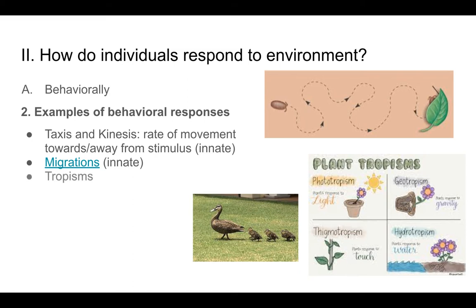Tropisms are behaviors that plants express. And so you have a picture in your notes over here of 4 different kinds of plant tropisms. So phototropism is a plant's behavioral response to light. Plants will grow towards a light source. If you have any indoor plants in your home, go look at them. The leaves are probably directed towards the light source.